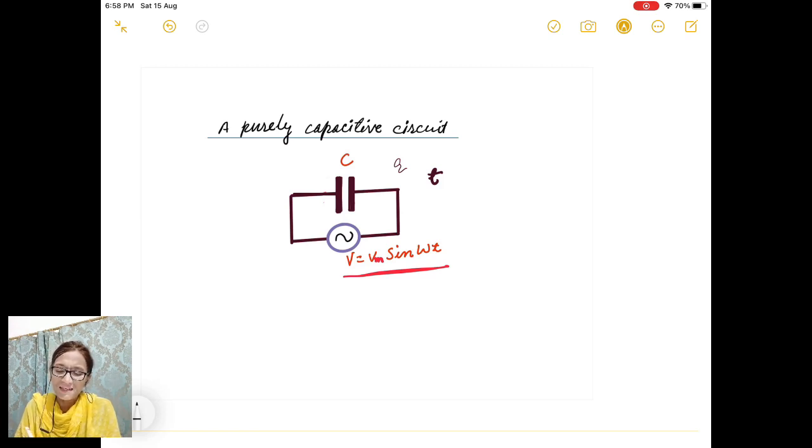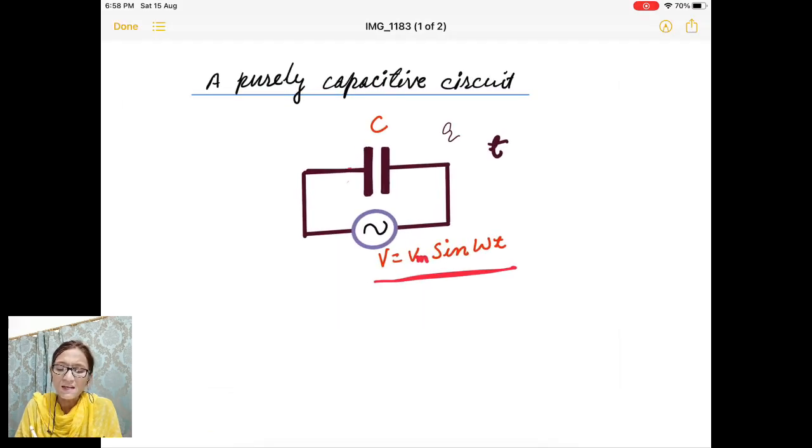So let at any time t, charge Q be flowing through the capacitor.